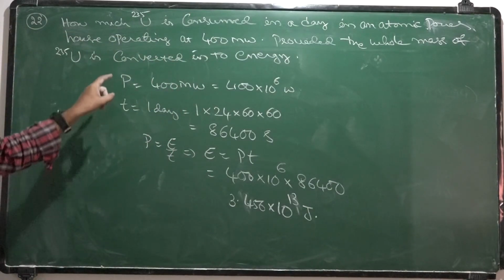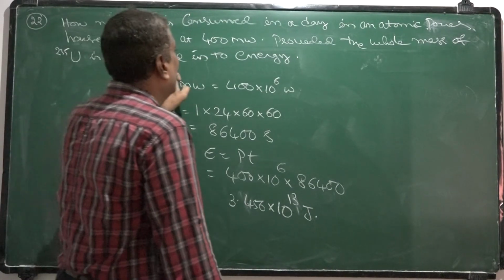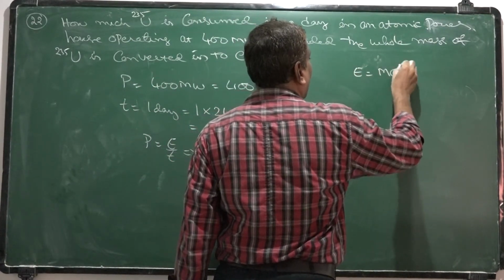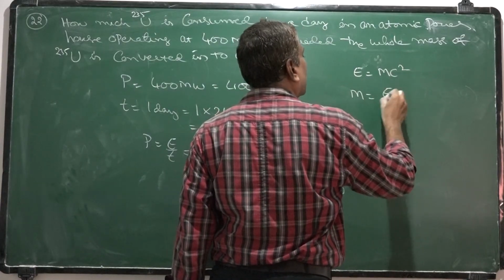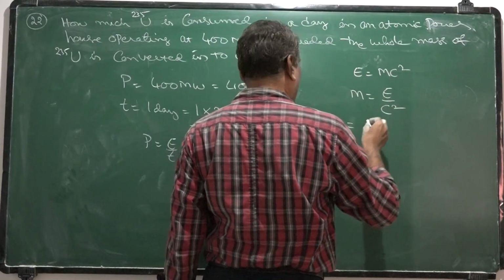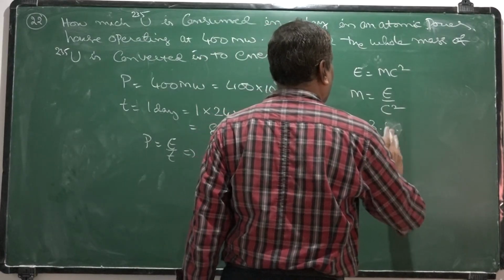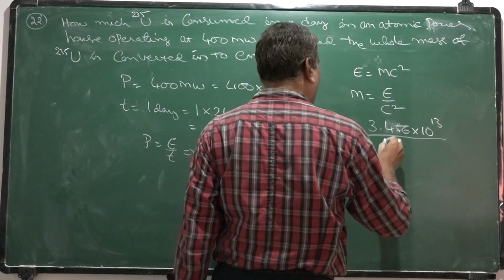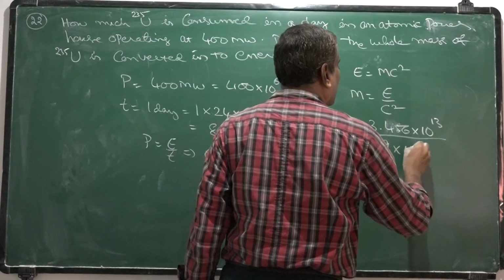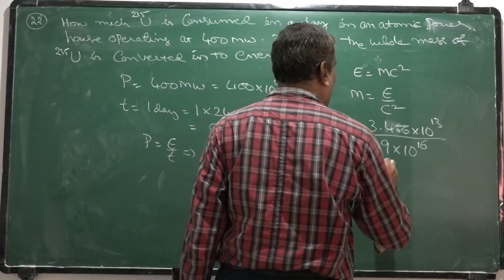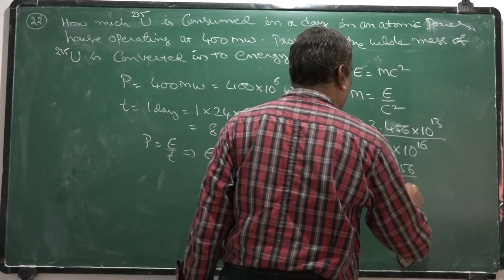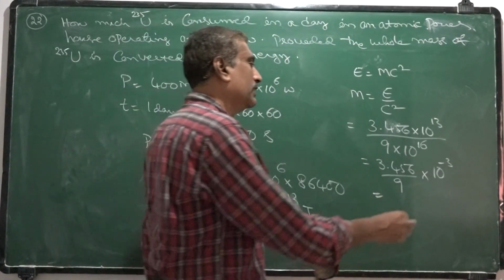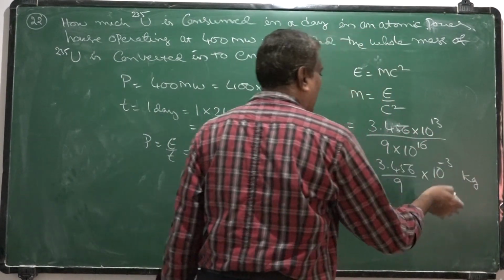Okay. Now given that whole mass is converted into energy, that means E is equal to mc square. So m is equal to E by c square. That is 3.456 into 10 power 13 divided by c square, means 9 into 10 power 16. That is 3.456 by 9 into 10 power minus 3. Actually this is in kg, so we get in gram.